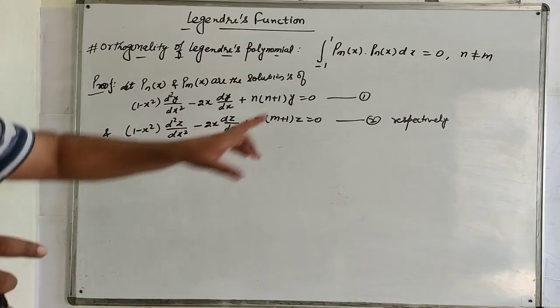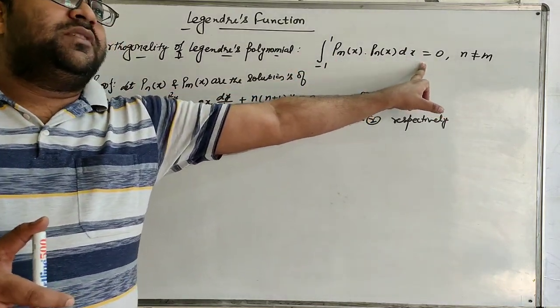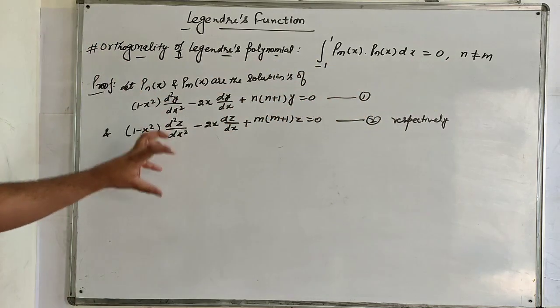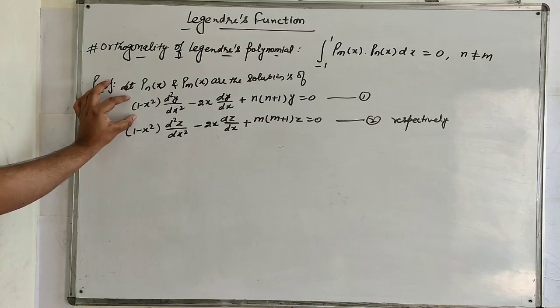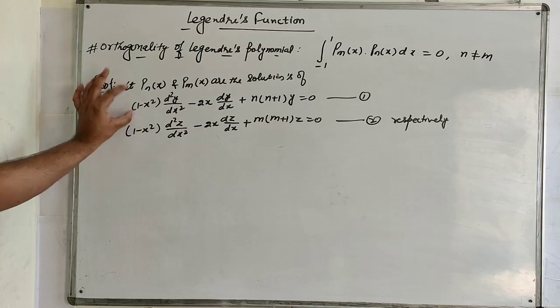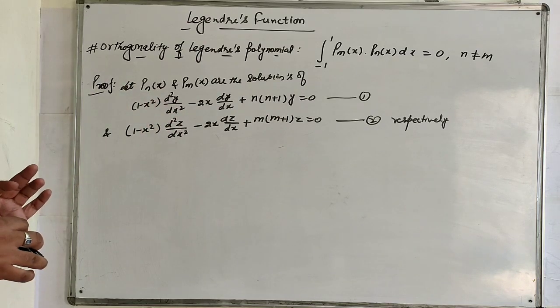What is it? This is integral minus 1 to 1 Pm(x) Pn(x) dx is equal to 0 when m is not equal to n. So to solve this, we let Pn(x) and Pm(x) be the solutions of this Legendre equation in y and Legendre equation in z. So now what we have to do?